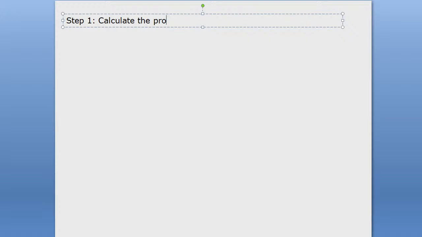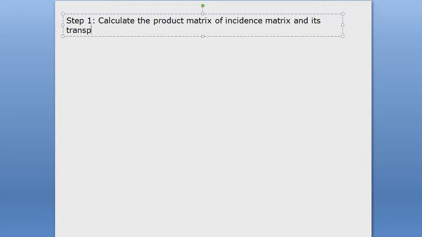You know that multiplication of two matrices will produce a new matrix, not a single value. So write: calculate the product matrix of the incident matrix and its transpose matrix.